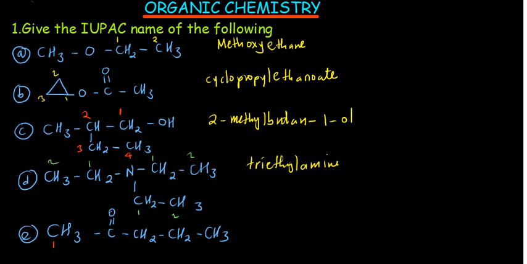So this will be 1, 2, 3, 4, and 5. Therefore the name of this one, if we consider an organic compound having 5 carbons, that is what? A pent. Now at which position do we have the functional group?